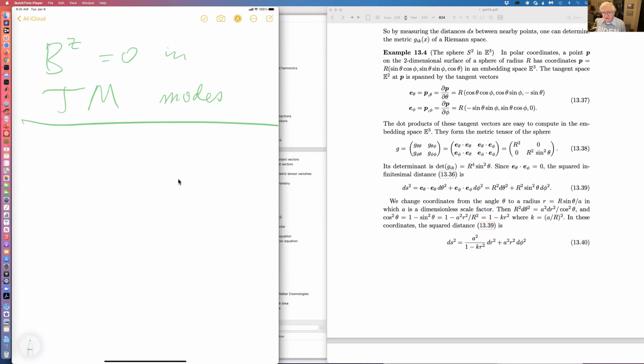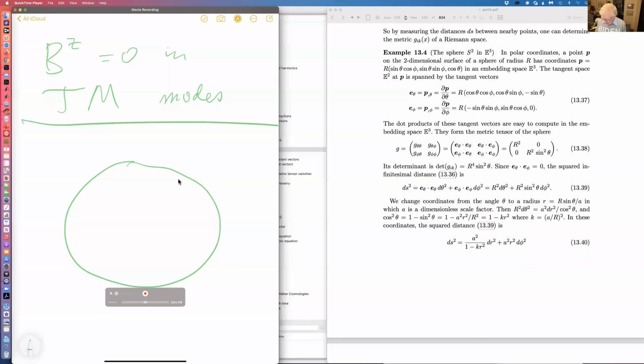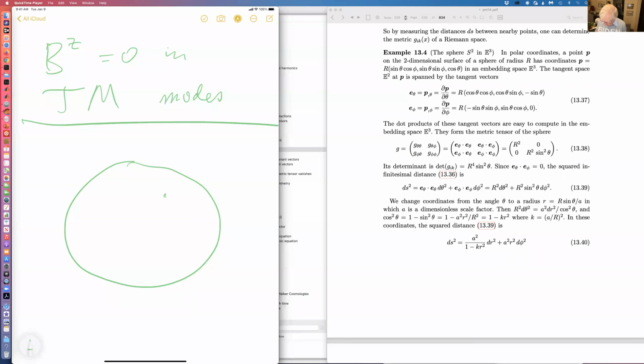So what we've got then for these vectors on the sphere is, if we have a point on the sphere which has an angle theta here, I don't know why I wrote E. All right, a vector E. If we increase theta, then the point goes a little bit in that direction, and the vector E theta looks like that. It's a vector that's perpendicular there. Maybe I should get the sphere out here.